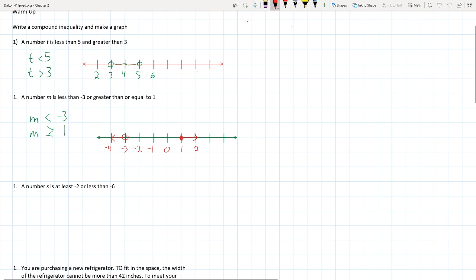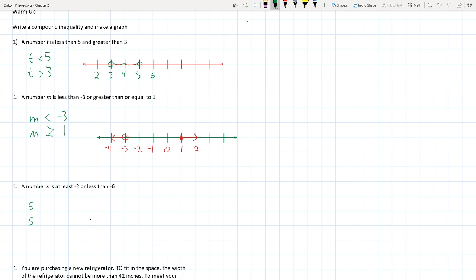So for this one, a number s is at least negative 2 or less than negative 6. So s and s, we talked about this last time of, okay, what does at least mean? At least means it can't be any less than that.